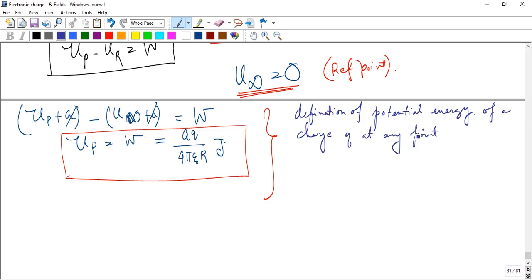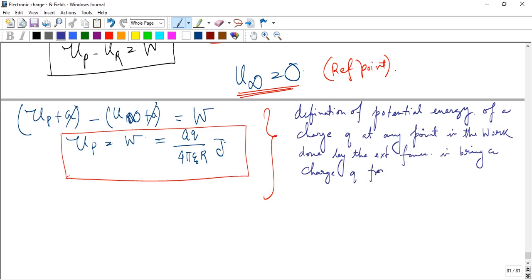At any point, it is the work done by the external force in bringing a charge q from infinite to finite region.